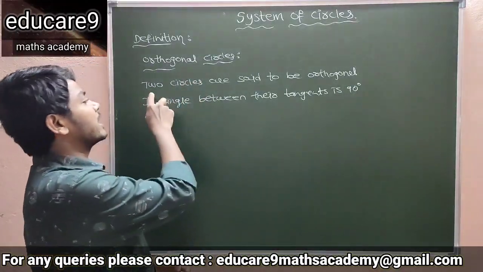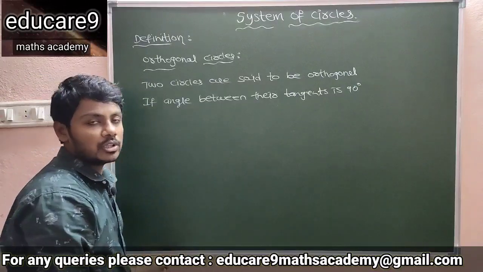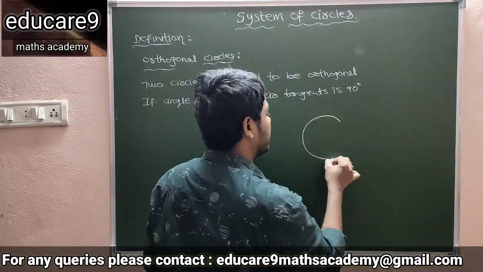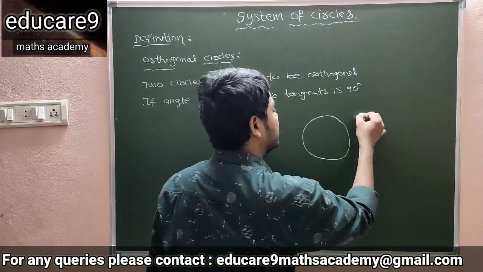So clear here, two circles are intersecting circles only. So clearly these two are intersecting circles.